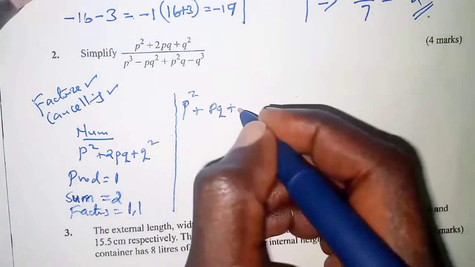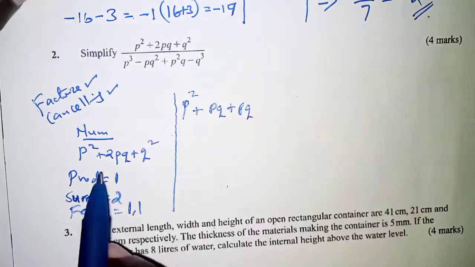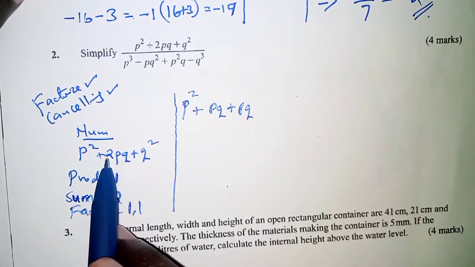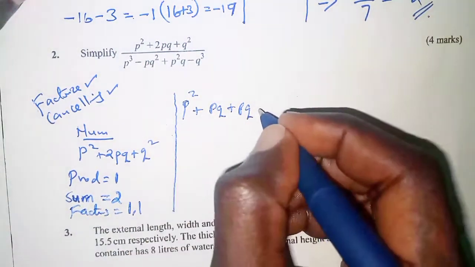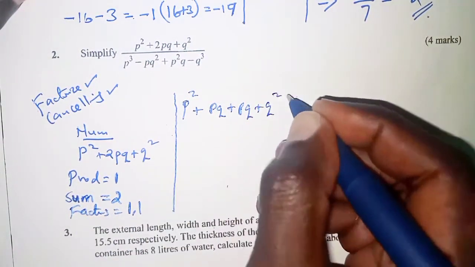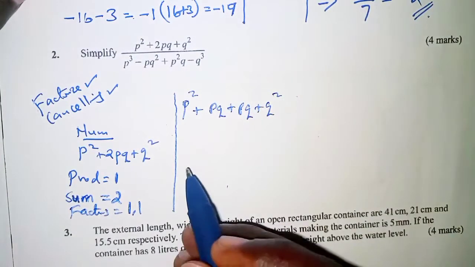So we have again pq. In other words, we're just splitting 2pq using the factors 1 and 1, and then finally we have plus q squared. So with this we are able to factorize by grouping.